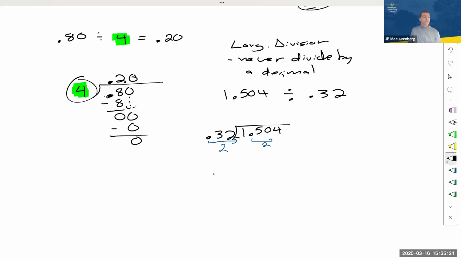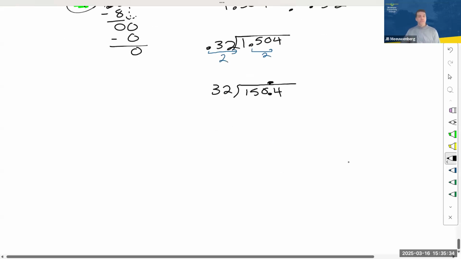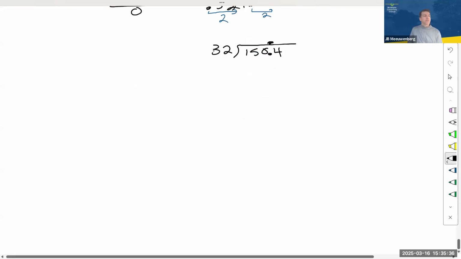Then we have 32 dividing into 150.4. And now our decimal point is locked in place, and then we proceed doing long division. If you're curious what that would look like, 32 does not divide into 1 or 15, but it does divide into 150 4 times. Why? Because 32 times 4 is 128. That's as close as we can get to 150.